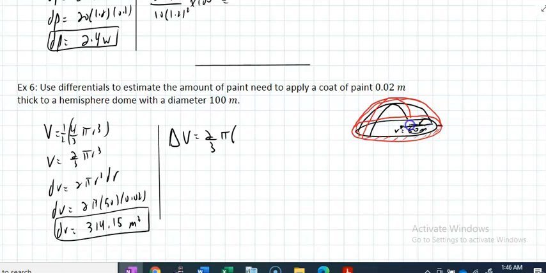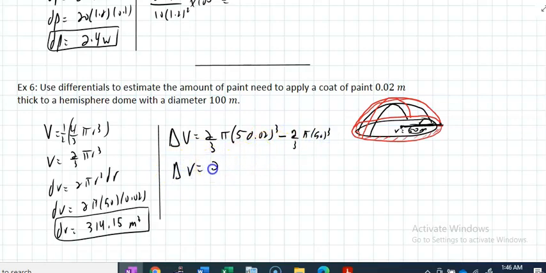If you add a 0.2 to it, isn't the whole thing 50.2 cubed minus the original, which is 2/3 pi times 50 cubed. That's the exact amount of paint that you need.